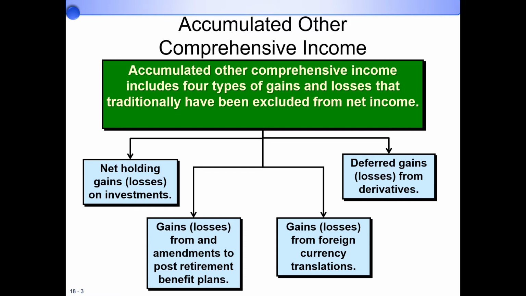The first is the net holding gain or loss on investments. Say the company has extra cash and invests in another company's stocks or bonds, and we classify those investments as available-for-sale securities. The prices go up and down, so by year end you compare with your original cost, and you might have potential gains or losses.